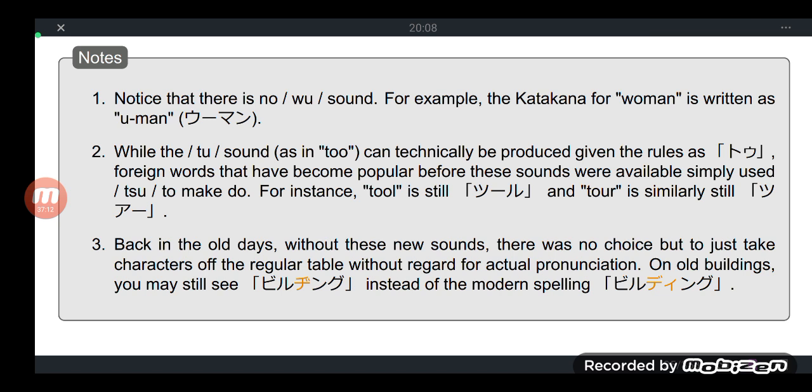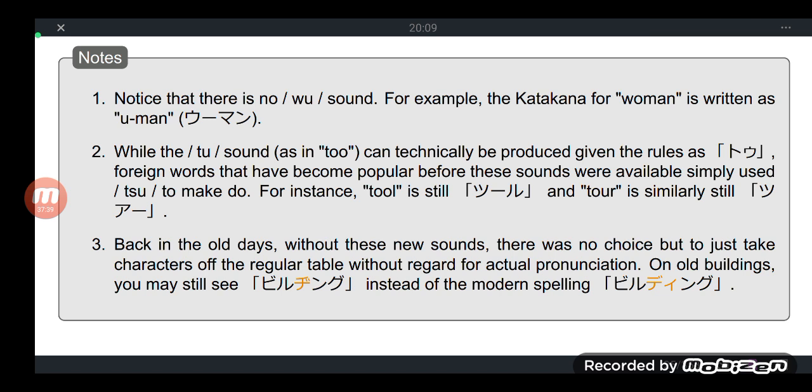On old buildings, you may still see birching, but in Japan, especially in Tokyo, on buildings you can just see the katakana beer, but that is not the modern beer. The modern one is with the hyphen. This is beer, birching, instead of the modern spelling, bearding.